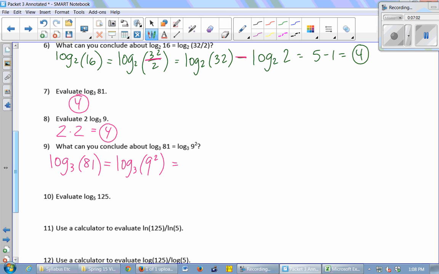And then you can take that exponent, that 2, and bring it down in front of the log. So this is going to become 2 times log base 3 of 9, which is 2 times 2, which is 4. That is going to be a really important property when we start using logs to solve equations.